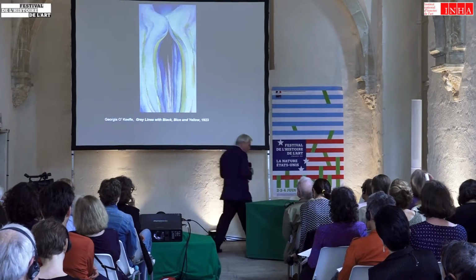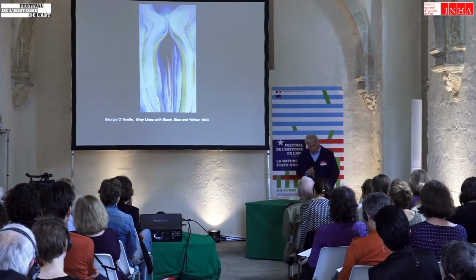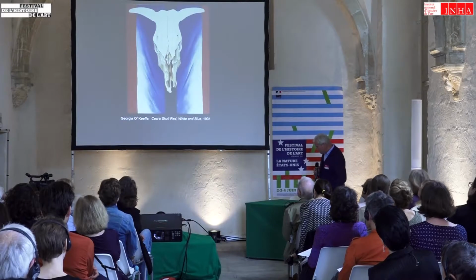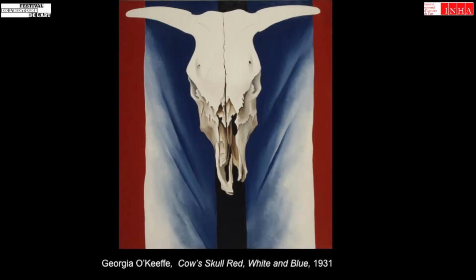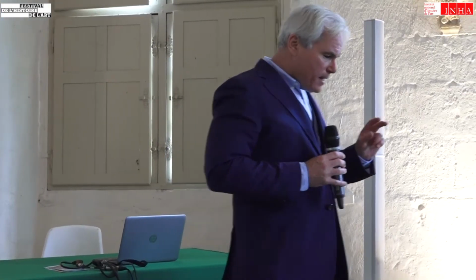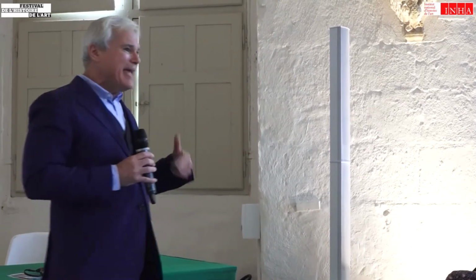And so what she does is quite remarkable. She turns to the desert. And she does these famous paintings. In 1926, 1931, when this painting was made, O'Keeffe had written a pamphlet describing her practice.